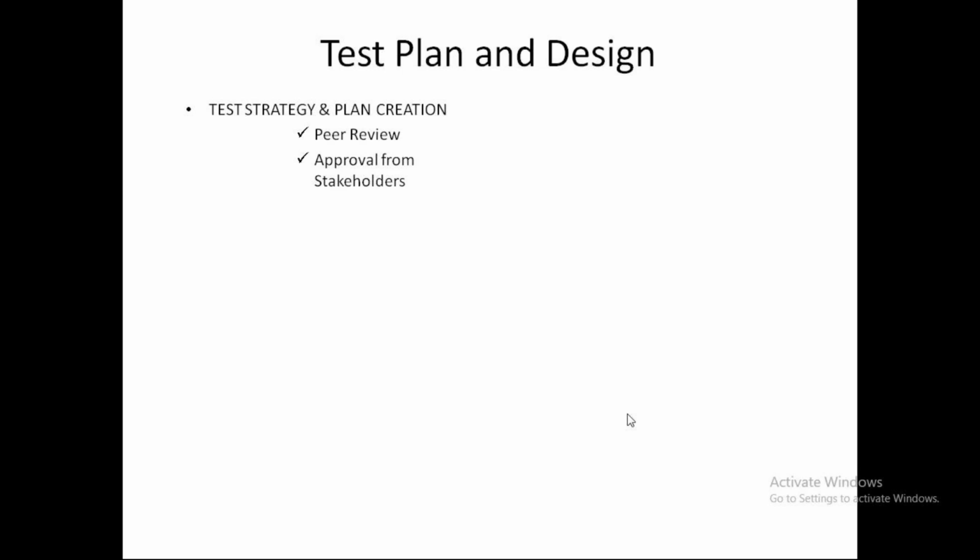So you will then do the walkthrough of the test strategy. The test plan will be a heavier, lengthy document. You cannot do a walkthrough because people will get bored.